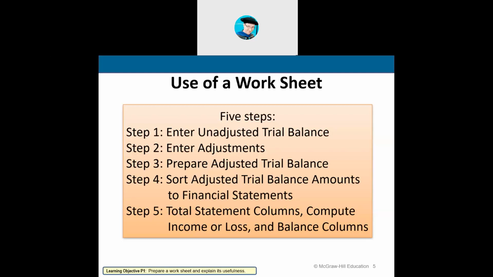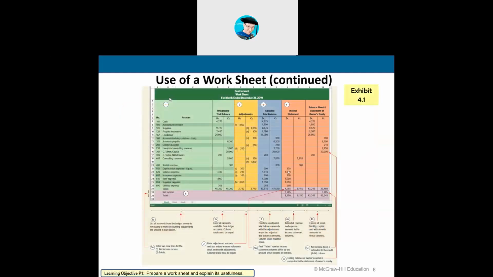So on your adjusted trial balance that we talked about in chapter 3, if your debits don't equal credits in that column, there's a problem. That means we made an error somewhere along the way. And that's what this worksheet helps me to do. So here's the worksheet that I would use, right?